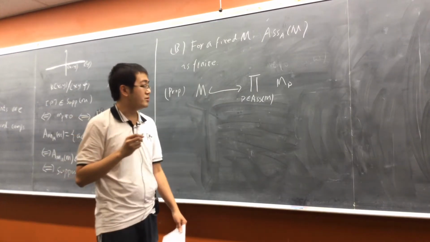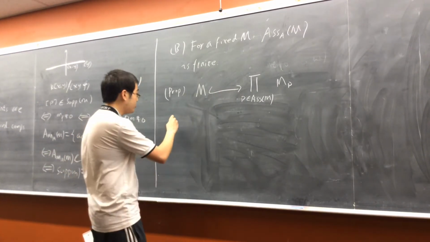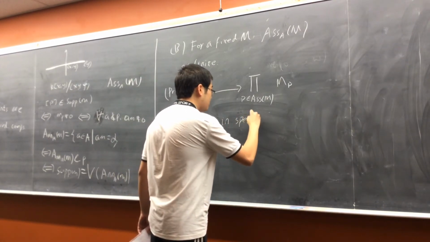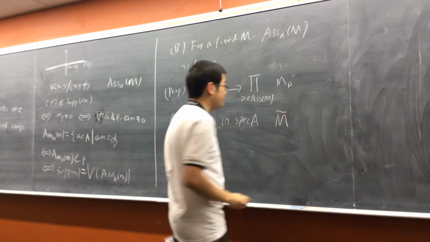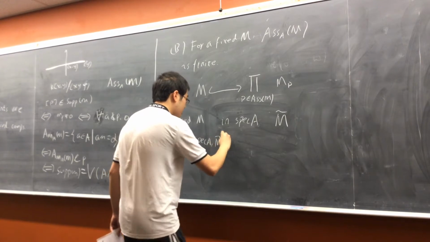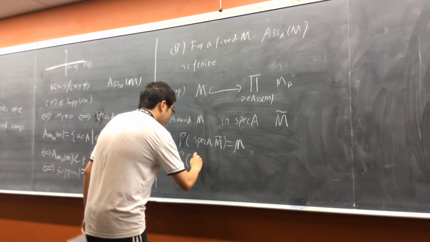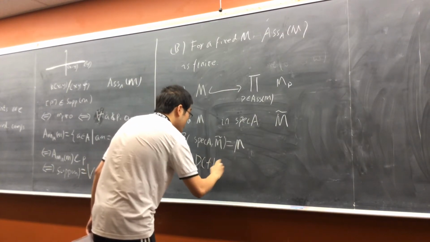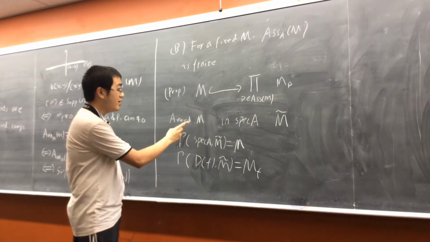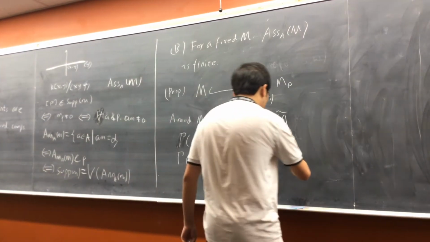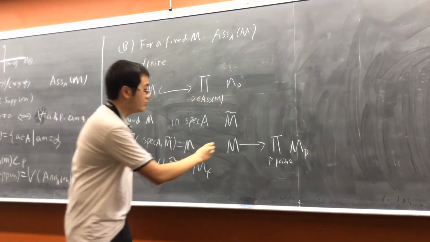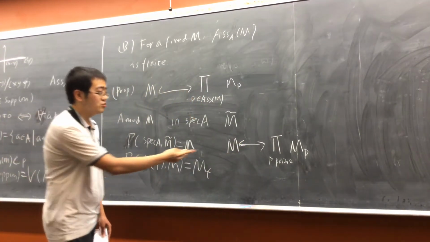When we defined the structure sheaf of a scheme, we also proved that if you have an A-module M, then on Spec A you have a sheaf M~ defined by taking the localization on distinguished open subsets. At that time we proved that this is actually a sheaf. So we already know that for all prime ideals P this will be injective, because a sheaf is determined by all the stalks.